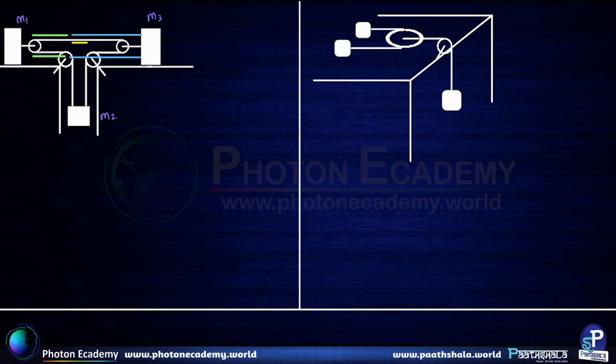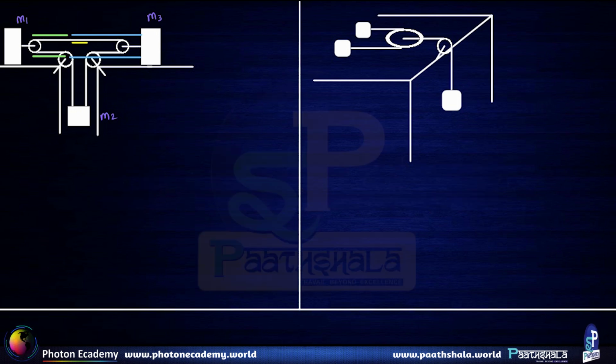This is an interesting fact to note over here. x2 is simply assumed as this length. This length happens to be x2. So now labeling them all, this is x2.